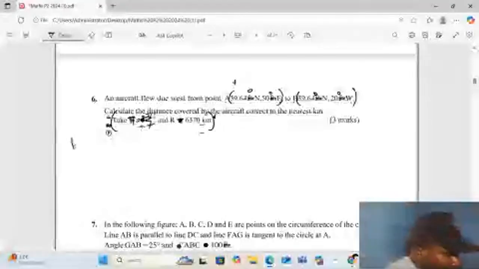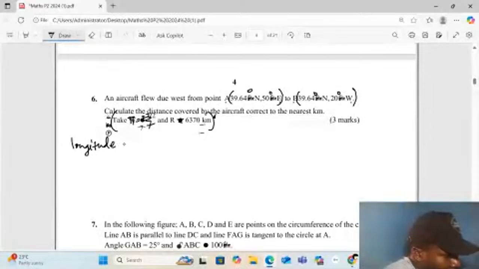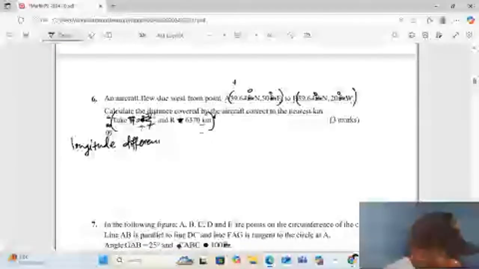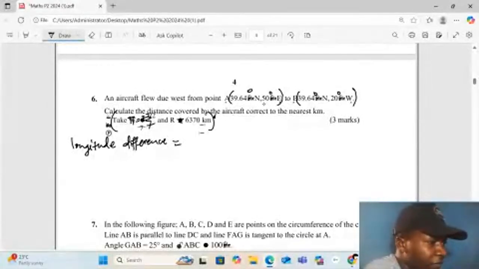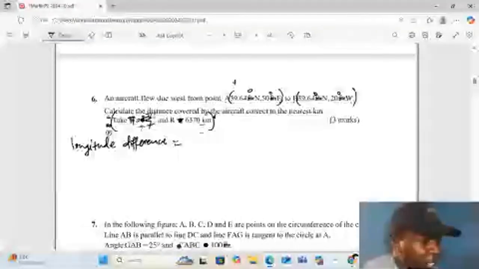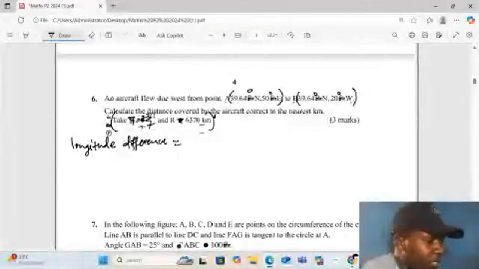The longitude difference. Here, we have 50, which is east, and 20 degrees, which is west.